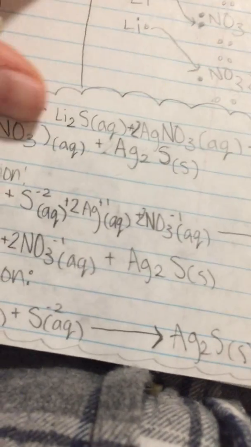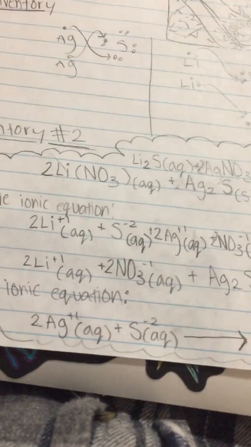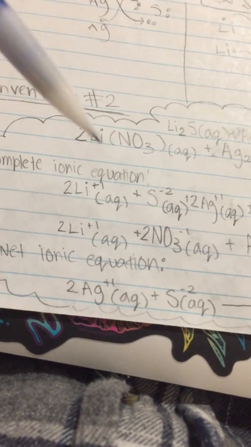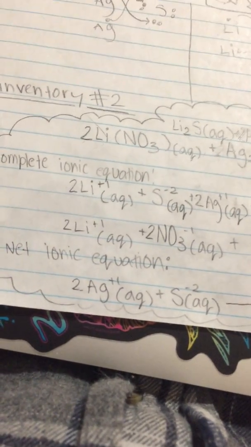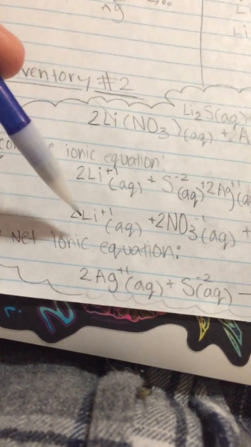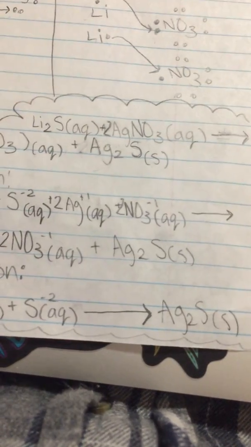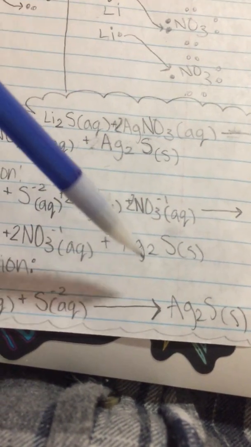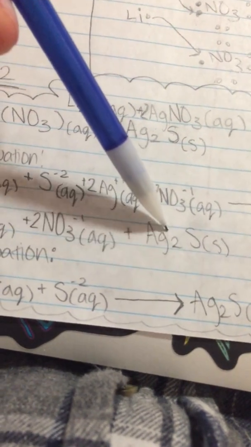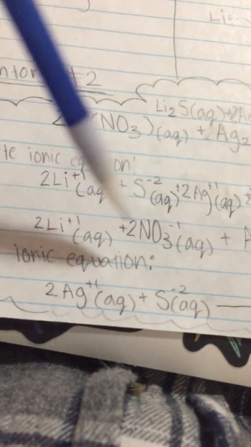Now to have our complete ionic equation of everything, we still have 2 Li plus 1 aqueous, and we still have 2 NO3 minus 1 aqueous, and then we have plus Ag2S solid. Now, you might be wondering why this combined in the end, but this stayed separate.